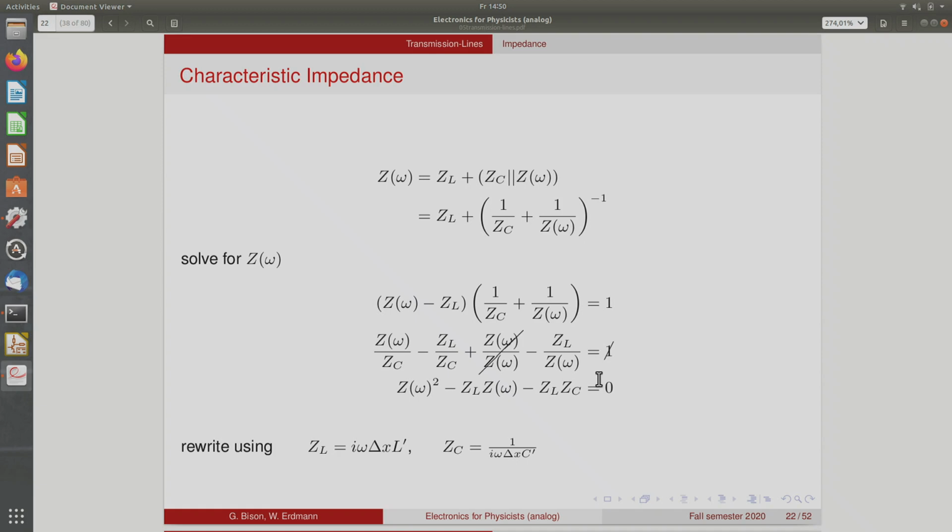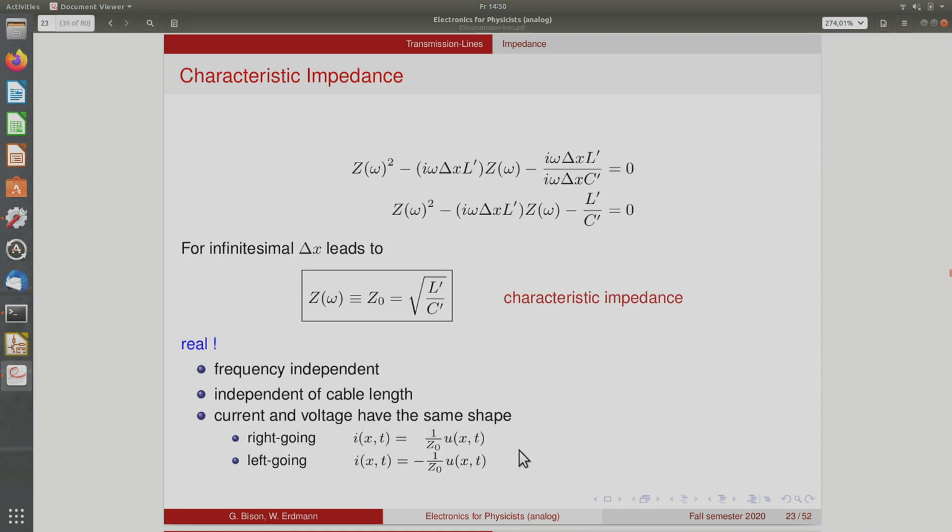Now we rewrite this again, putting in the expressions for the complex impedance of the inductor and the complex impedance for the capacitor. And that gives us this equation, so Z squared minus this is equal to that. In this ratio here, the delta x will cancel, while here it remains.